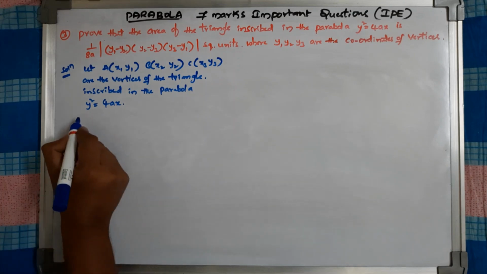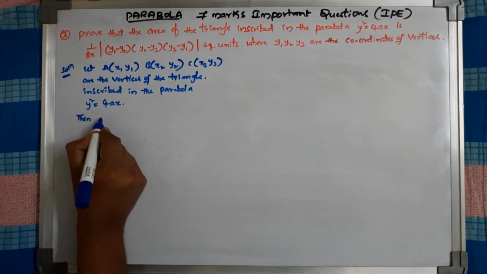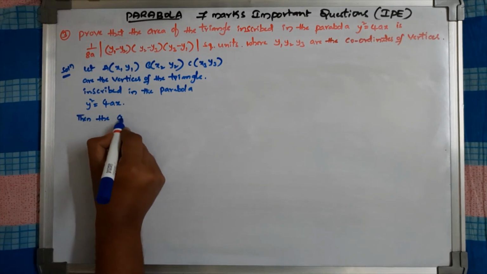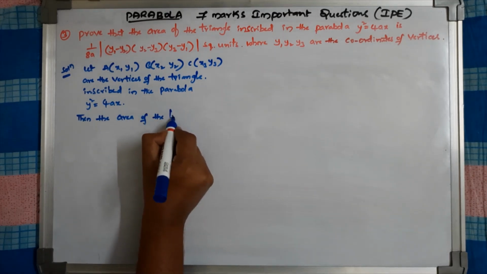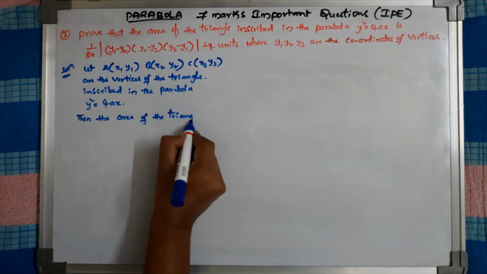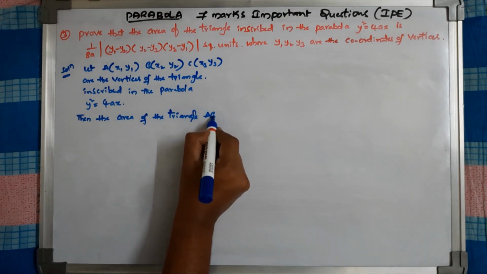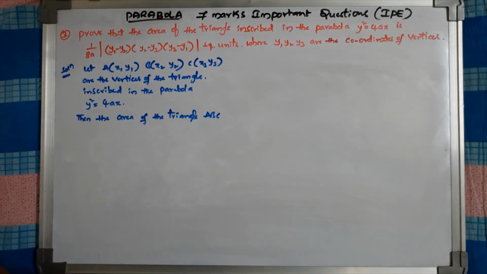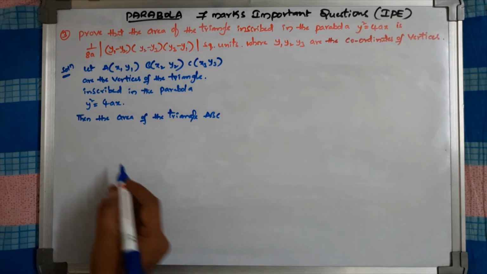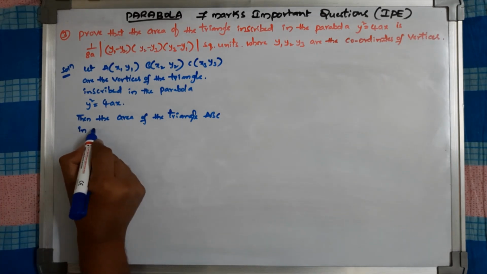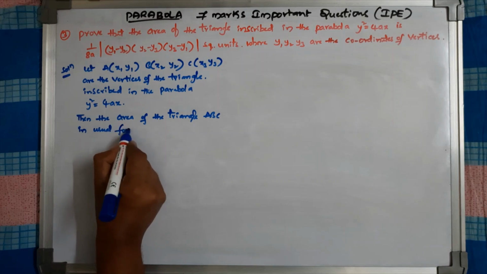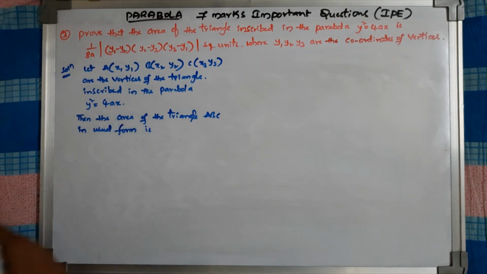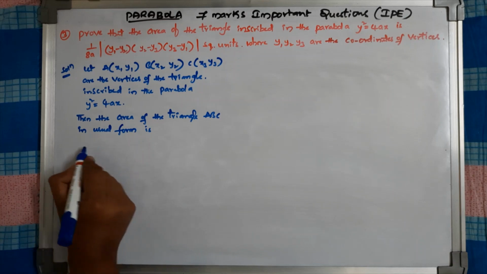Then the area of the triangle ABC in usual form. We have to assume the area of the triangle in usual form is, what is the area of the triangle in usual form?